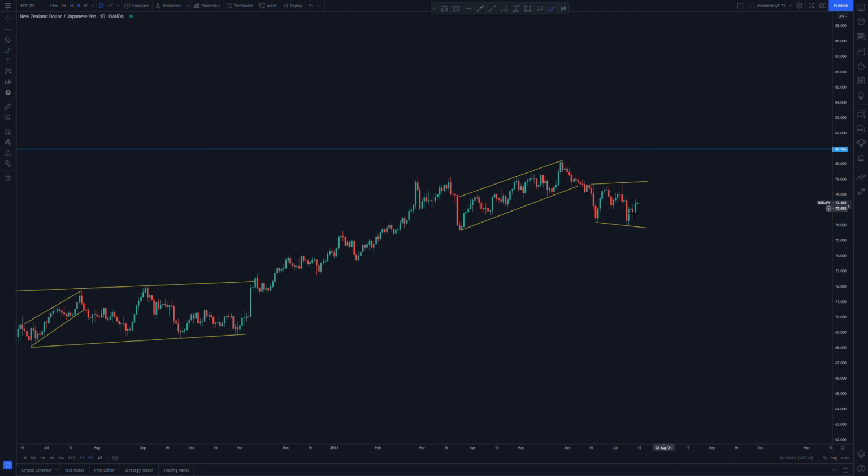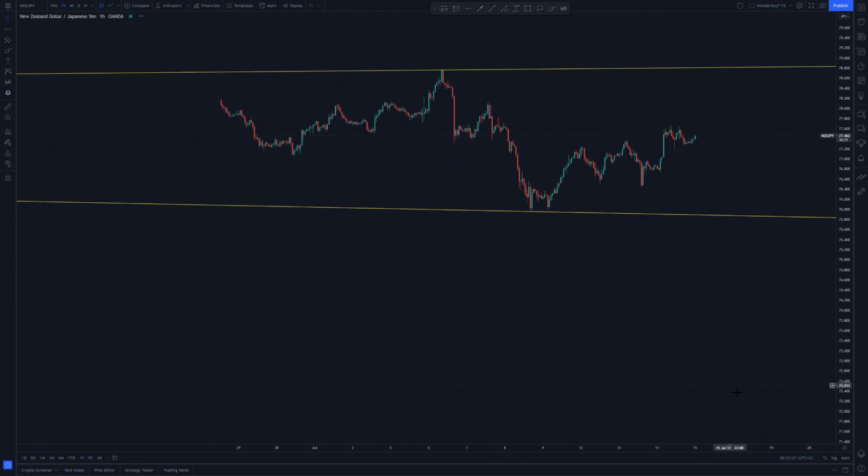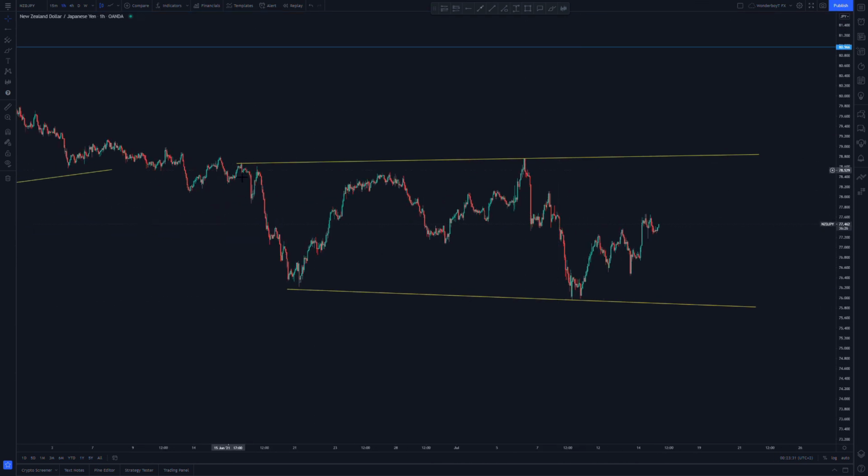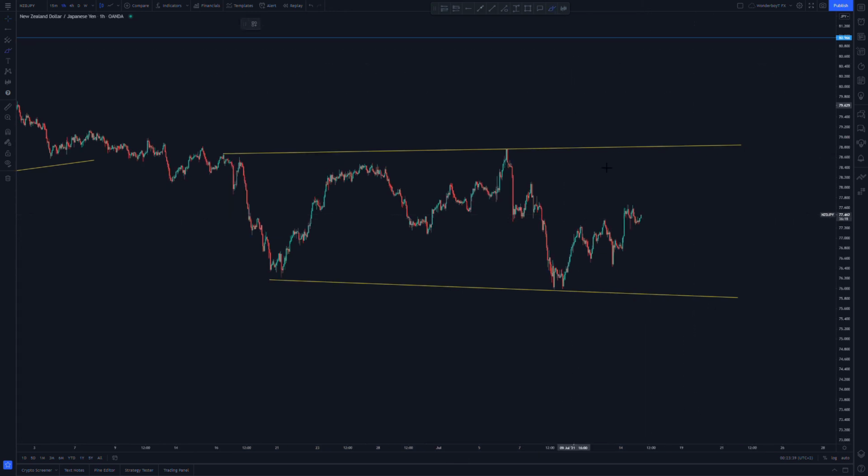And if we go to the lower time frame, we have this clear, clean structure that it's forming here, as you can see. So the most likely scenario is that price is moving correctively.